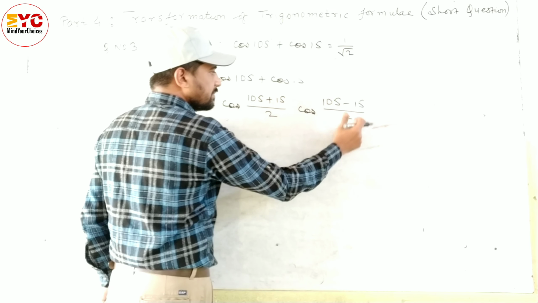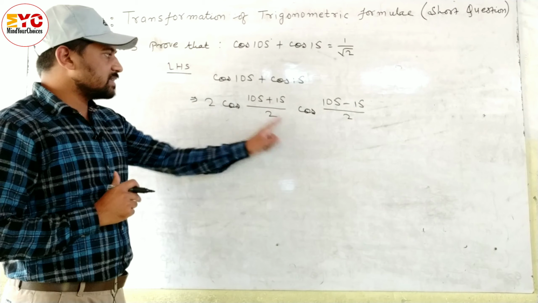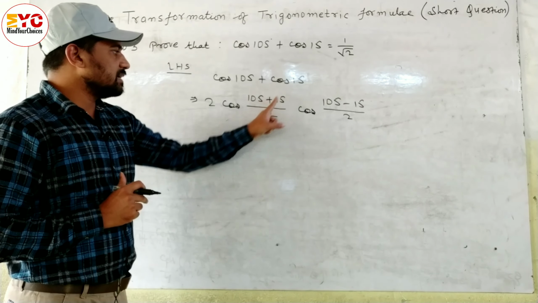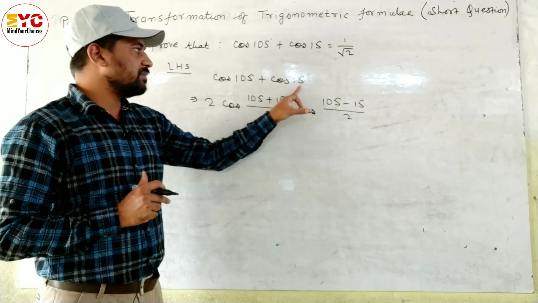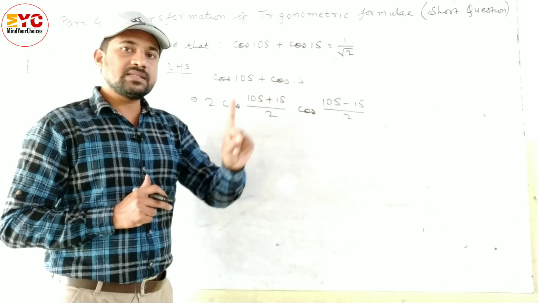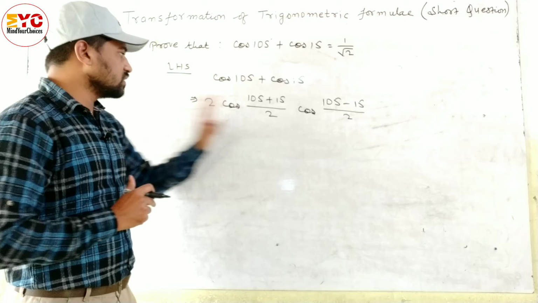Hope you understand this. C means 105, D means 15. I used the cos C plus cos D formula here.